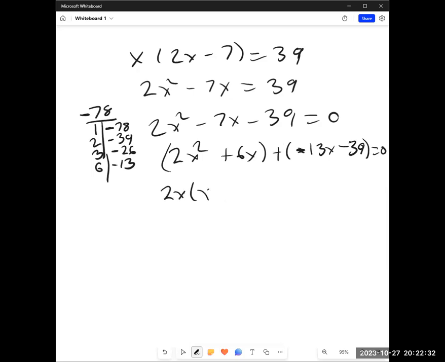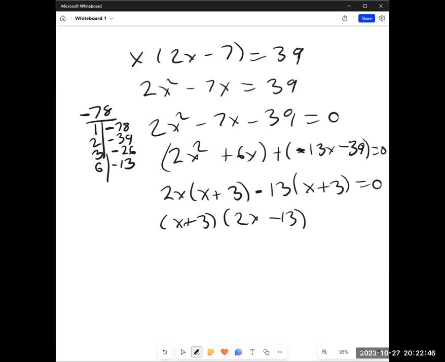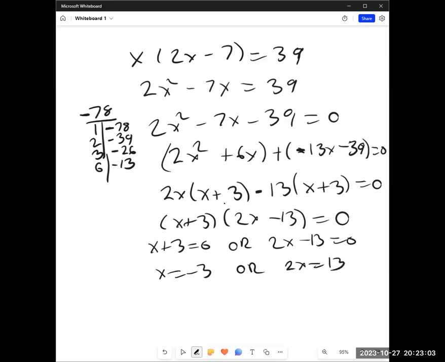So 2x times x plus 3 minus 13 times x plus 3 equals 0. x plus 3 times 2x minus 13 equals 0. x plus 3 equals 0, or 2x minus 13 equals 0. x equals negative 3, or 2x equals 13. x equals 13 over 2.